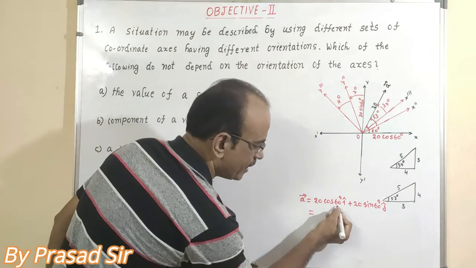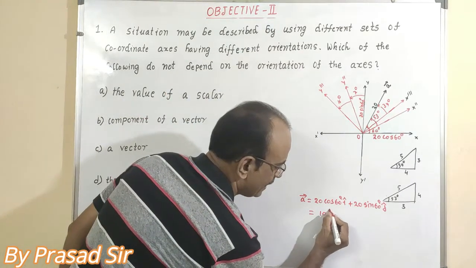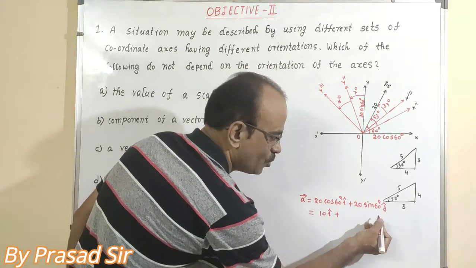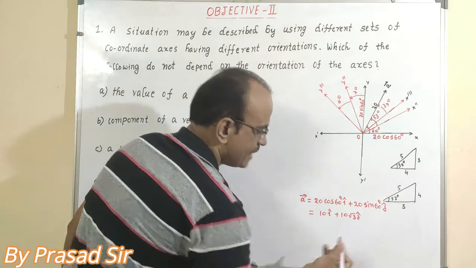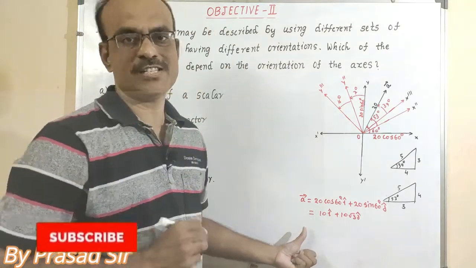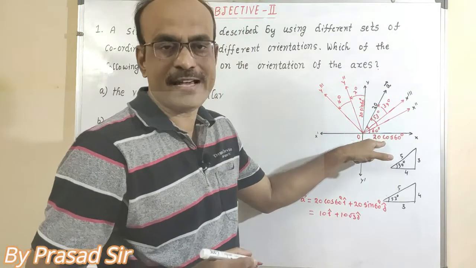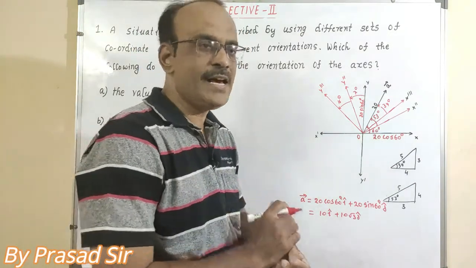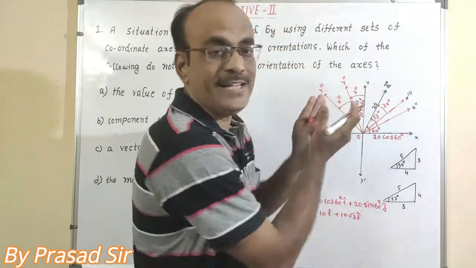So here 20 cos 60 degrees is 1 by 2, so we get 10 i cap plus 20 into root 3 by 2, that is 10 root 3 j cap. This is the first vector. So the vector makes an angle 60 degrees with the x-axis. Now what happens here? That vector is stable there, but the orientation of the axis changes.